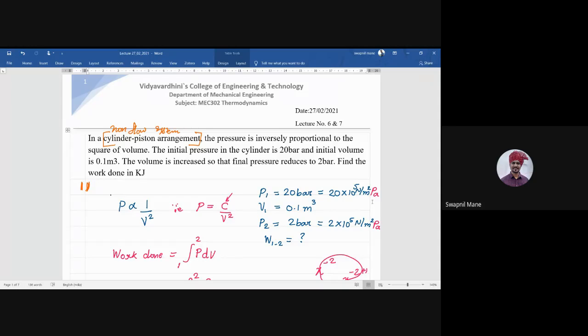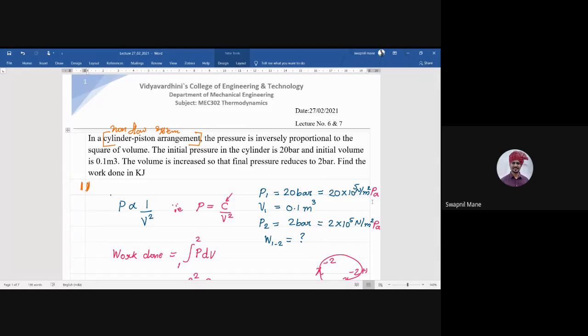Then we differentiated between flow and non-flow systems, which is the first objective of our course, that students should be able to differentiate between heat and work principle and should be able to identify and apply the first law of thermodynamics to a non-flow system. Non-flow system means what?